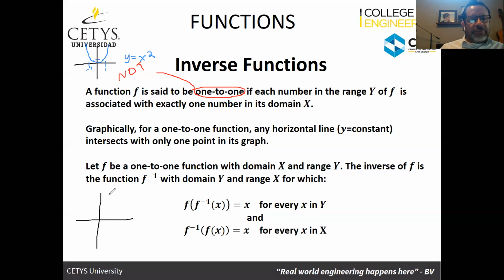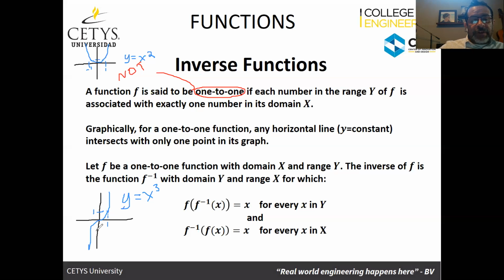Now let's graph y equals x to the 3. What happens with y equals x to the 3? If I take any value of y, for example 1, there's only going to be one value of x.